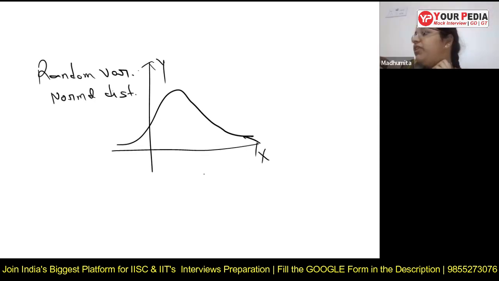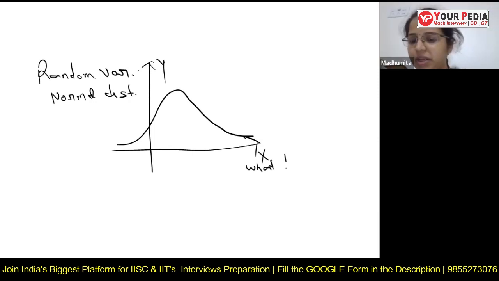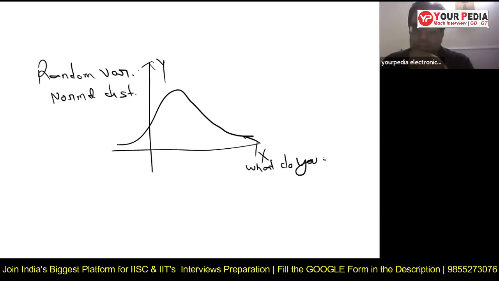In this curve, we take it as z, actually. Z is equal to x minus mu by sigma. Since I didn't get, it's situation dependent. What do you represent here on the x-axis and what here on the y-axis? Tell me.